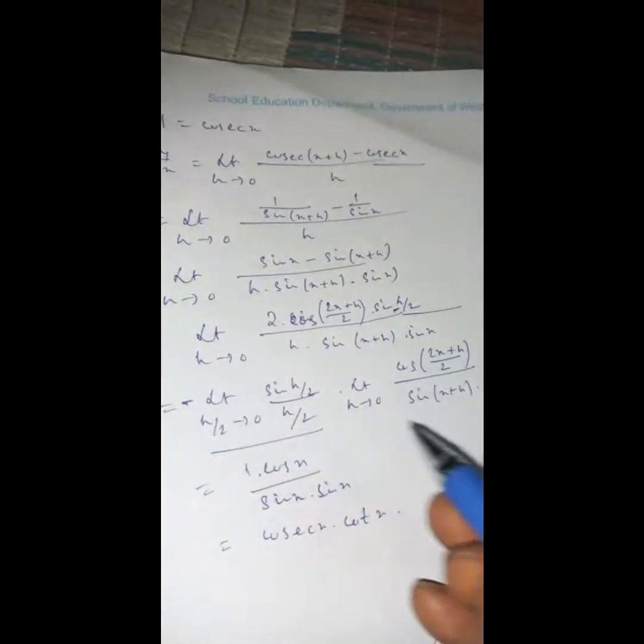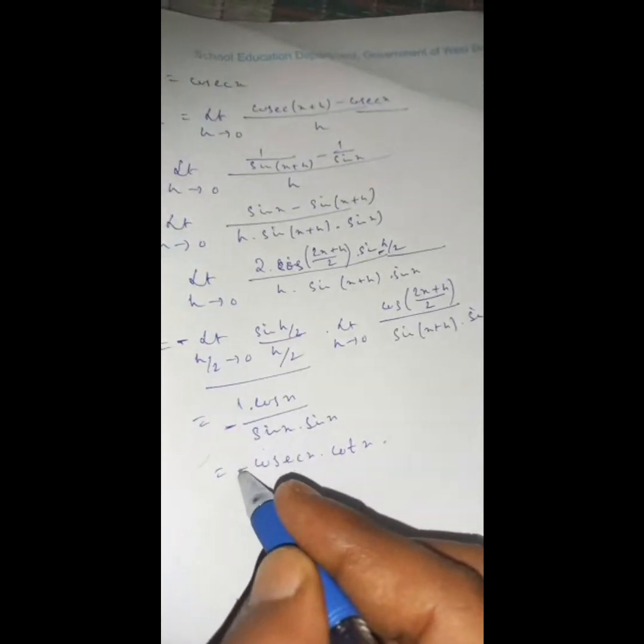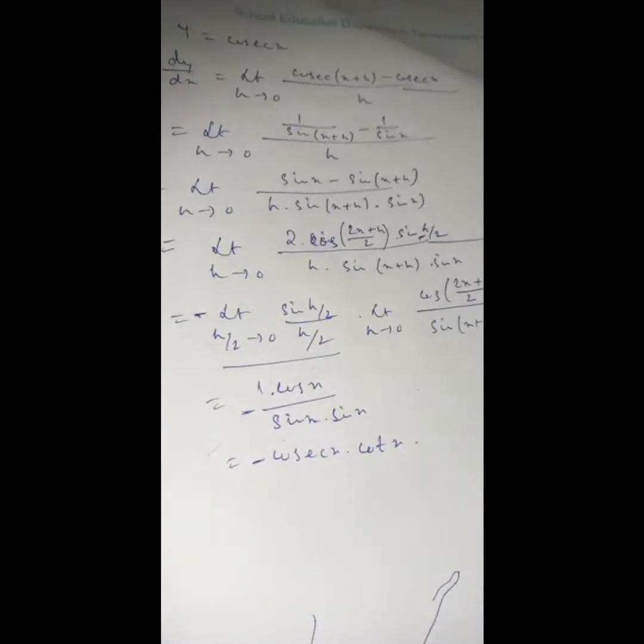The minus sign remains in this form. So differentiation of y equal to cosec x is equal to minus cosec x multiplied by cot x.